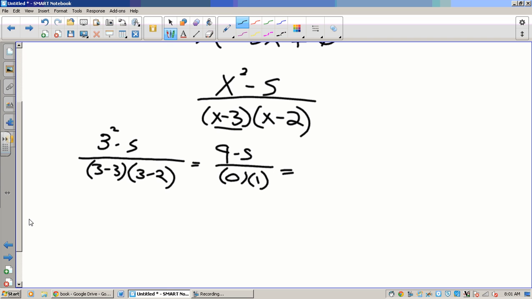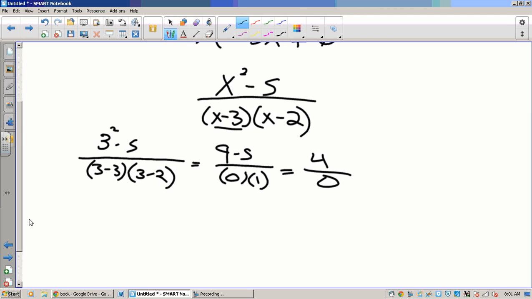And that would equal 4 over 0, because 0 times 1 equals 0. So in this case, if we substitute in 3 for x, this whole thing would not be true. That's an excluded value. Anything else we put in there, except for one other value, which Allie said was 2, anything other than 3 and 2, this would be true.